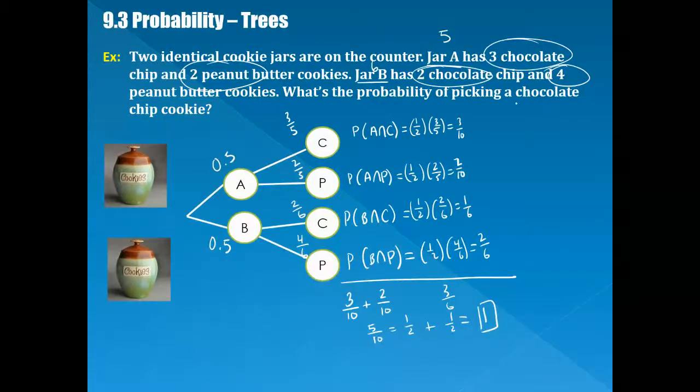So I want to know the probability of just picking a chocolate chip cookie. Well, I don't care which jar. Well, I'm going to take here, chocolate chip. Here, chocolate chip again. 1/6 and 3/10. And let's add them together. Let's combine those probabilities. Right?